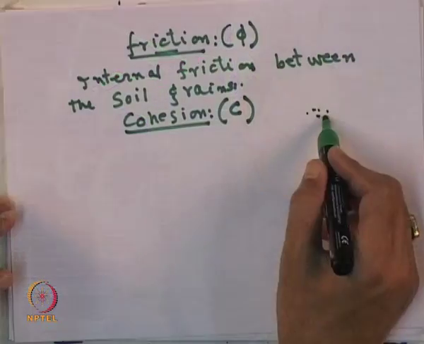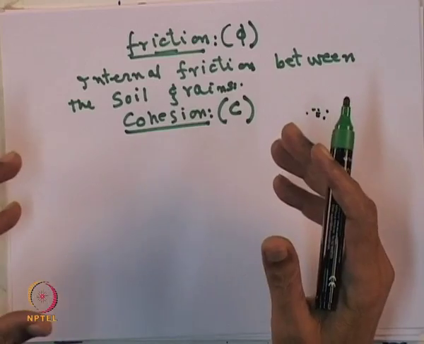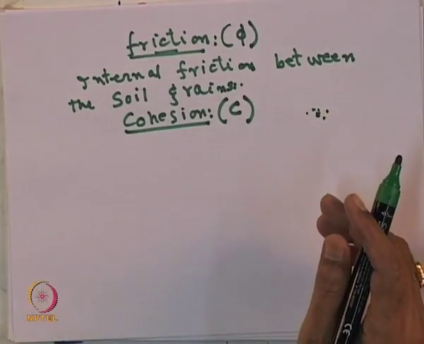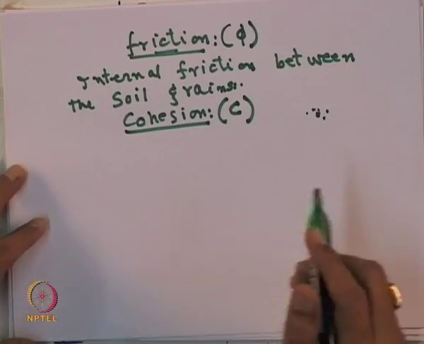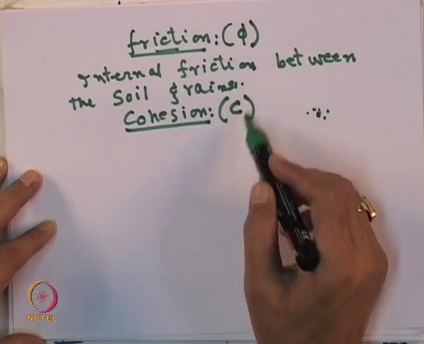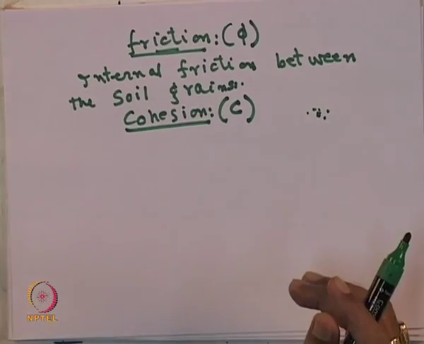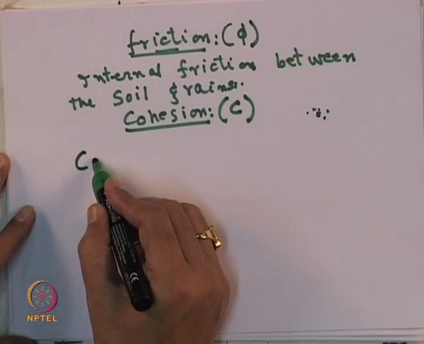So, the shear strength parameters are C and pi, and C is the cohesion, which is influenced by the grain size, the state of packing of the soil particles, and the water content. These two parameters form Coulomb's law.